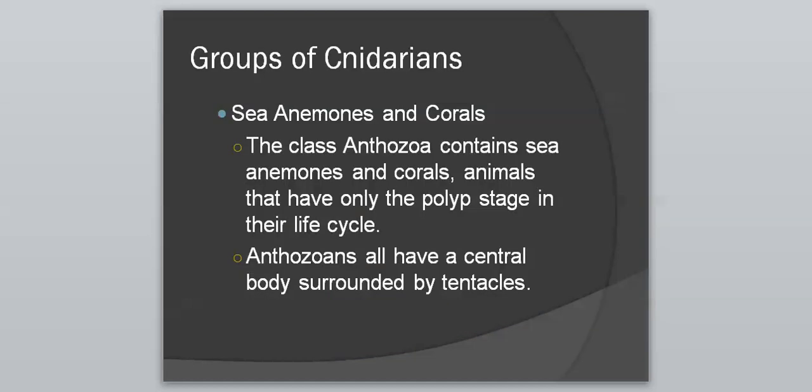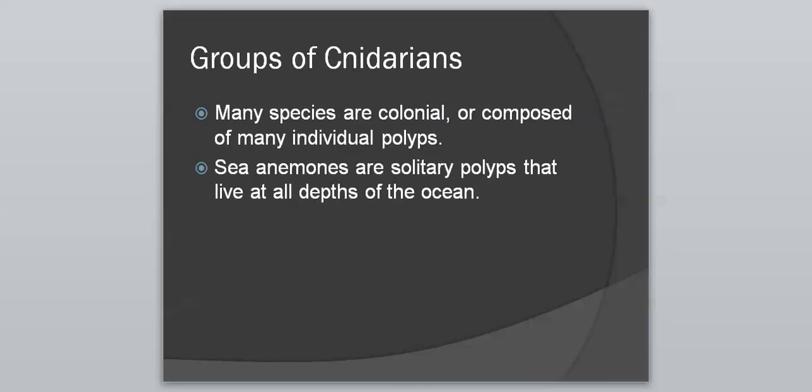Our next group is sea anemones and corals, the class Anthozoa. These are animals that have only the polyp stage in their life cycle. They have no medusa stage either, and they all have a central body surrounded by tentacles, like almost all the others in the phylum Cnidaria. Many species are colonial, composed of many individual polyps that grow together.